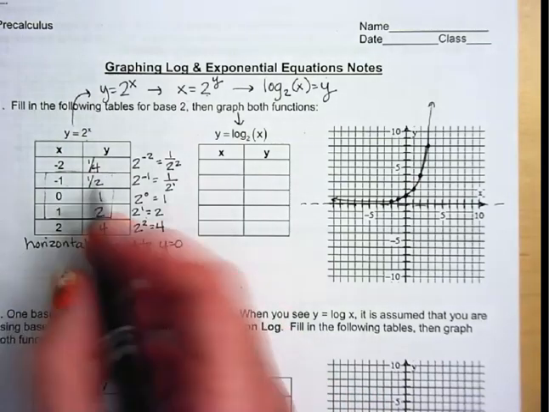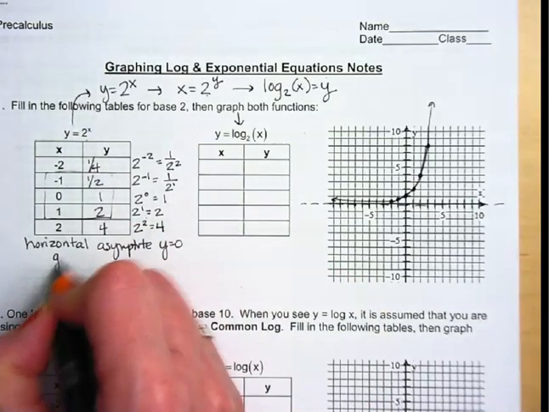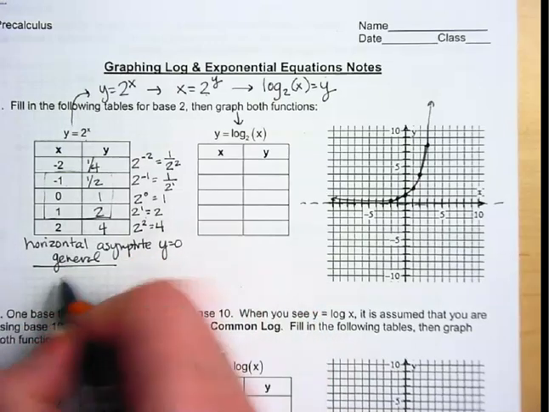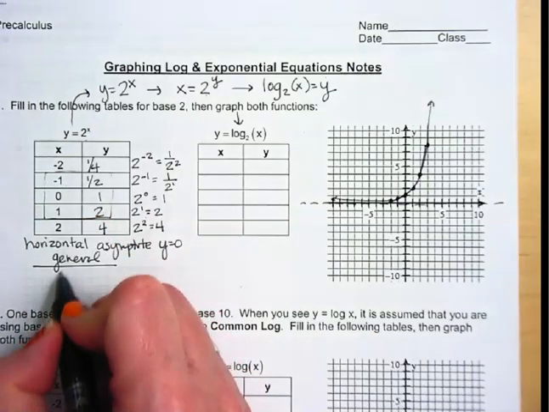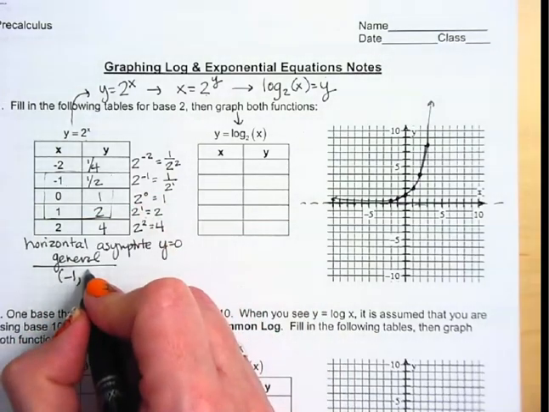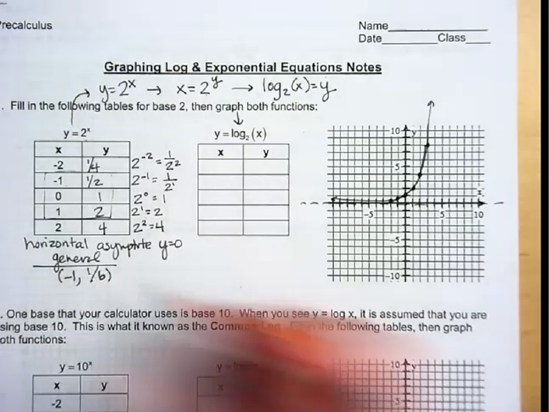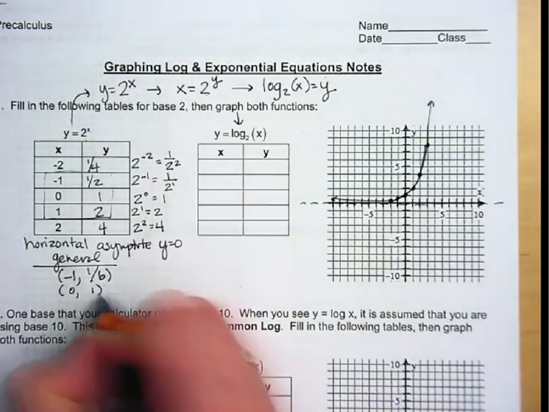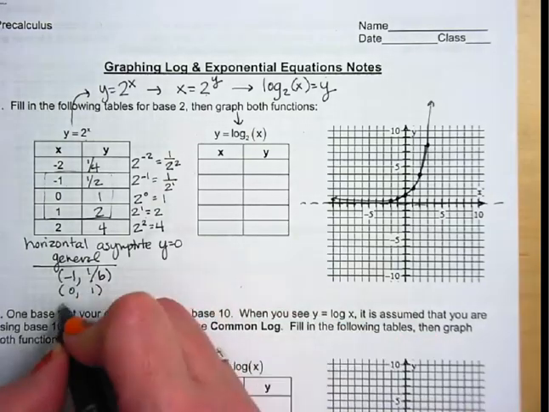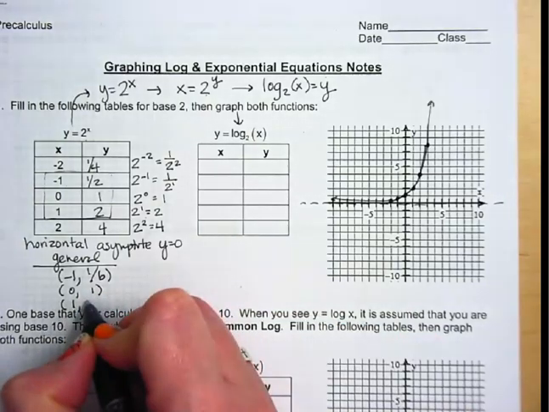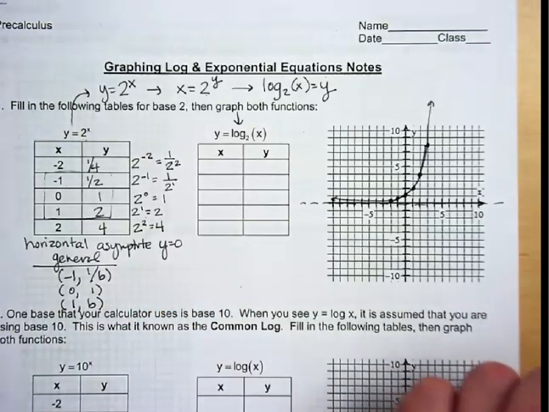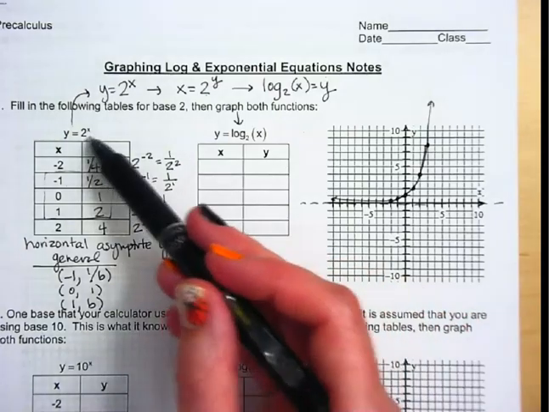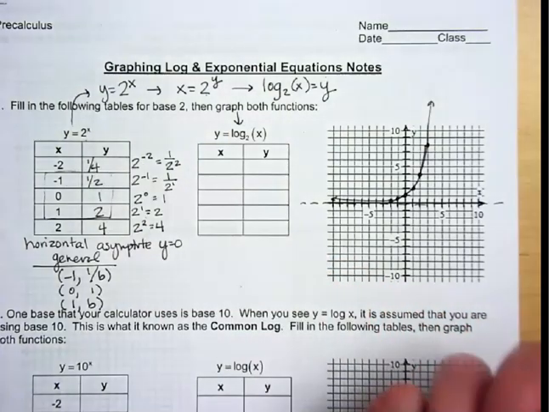These 3 points right here, we can generalize some values. We can generalize that anytime x is -1, its y value is going to be 1 over whatever the base is. Anytime x is 0, the y value will be 1. And anytime x is 1, the y value will be whatever the base is. And so we could get these 3 points very quickly from any exponential function.